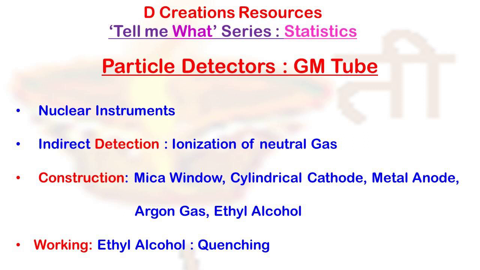And also here the counter will be able to record only the pulses generated due to incoming radiation. Now of course the counting rate of the counter is basically the number of counts or number of particles that are recorded per second.